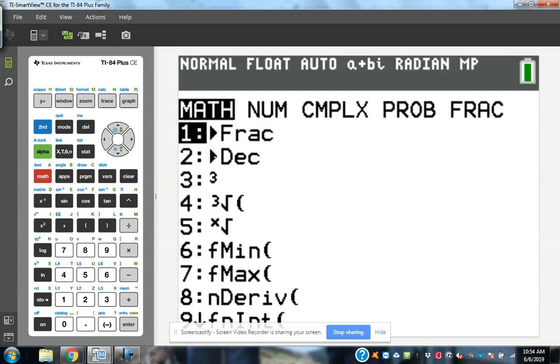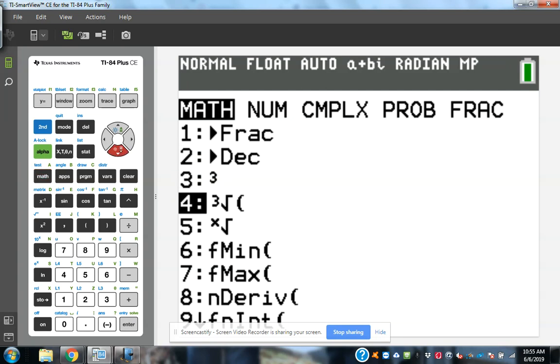The second one is fraction to decimal. The third one is the third power. The fourth one is the cubed root. The fifth one is you can do fourth roots, fifth roots, sixth roots. The x there you would fill in. It would give you a box to fill in with what root you want to take. We're looking at cubed root, so that's option 4.